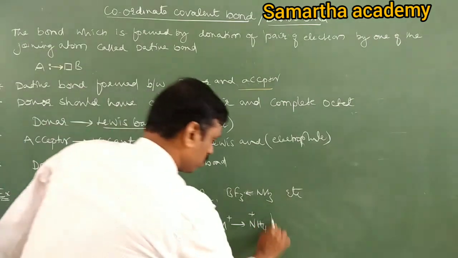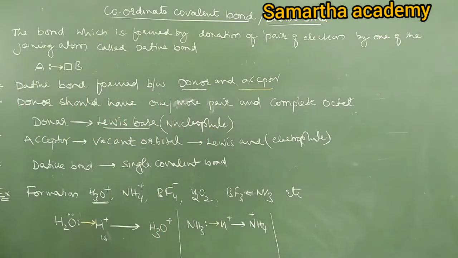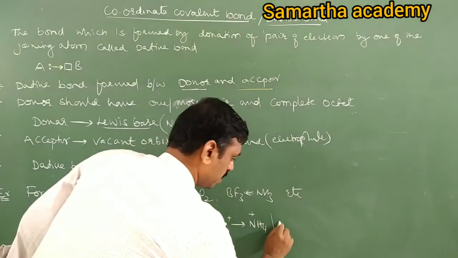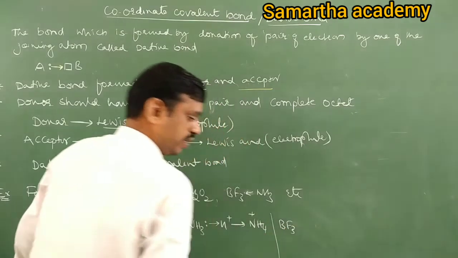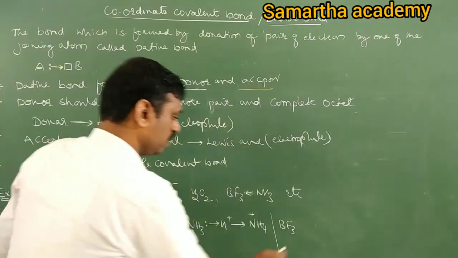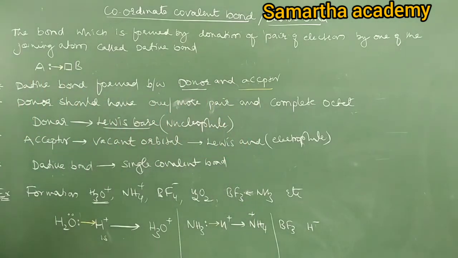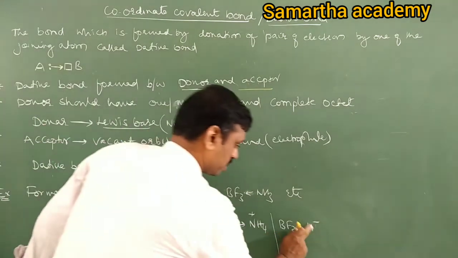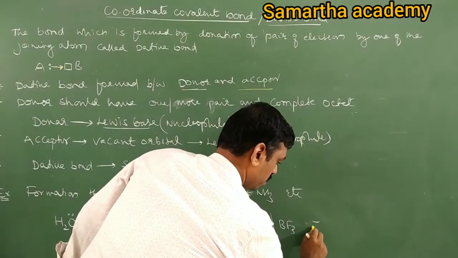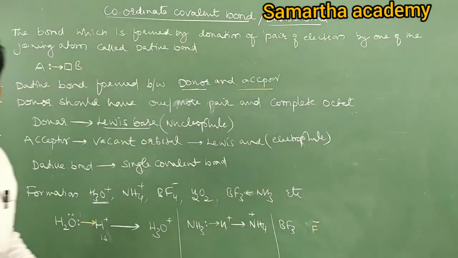Next, what about BF4 minus? In BF4 minus there is BF3 and an F minus. Now tell me, which is the donor? F minus is the donor, right? Why?